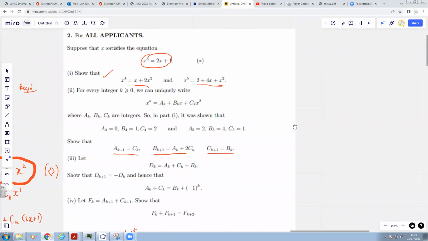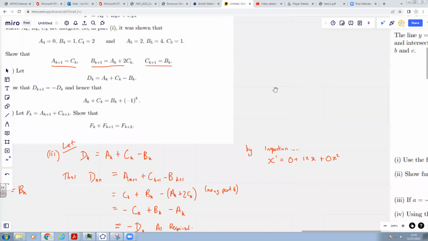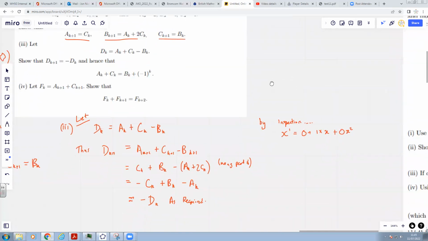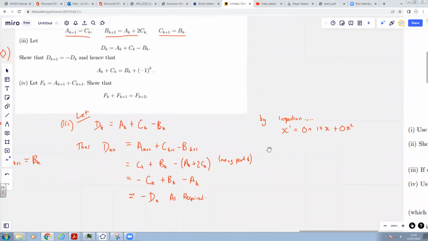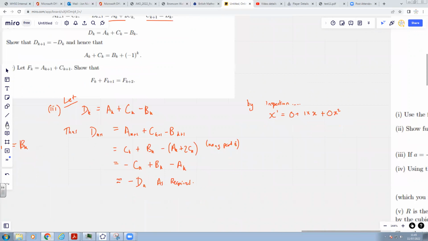And so I'm finding what x to the power of 1 equals. Now, this may not be the best way of doing it, but it just seemed like a natural approach to me because I wanted to see why this sign was alternating.